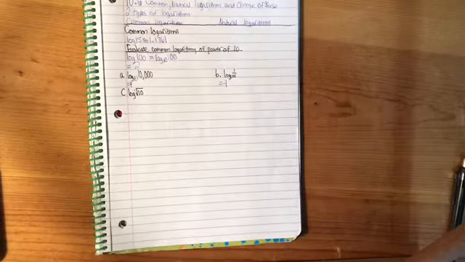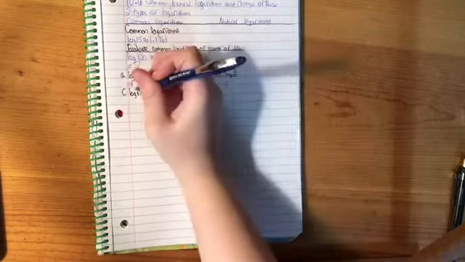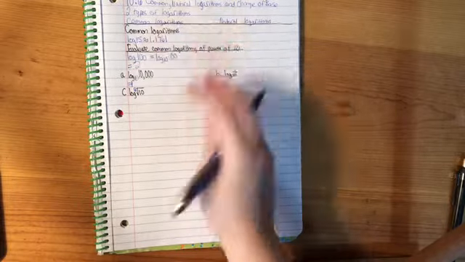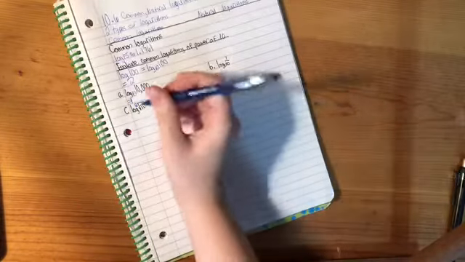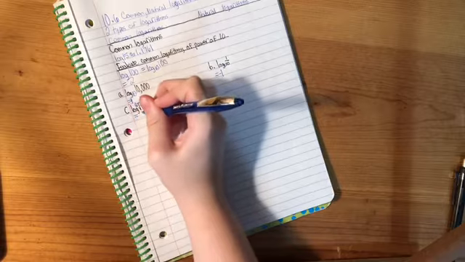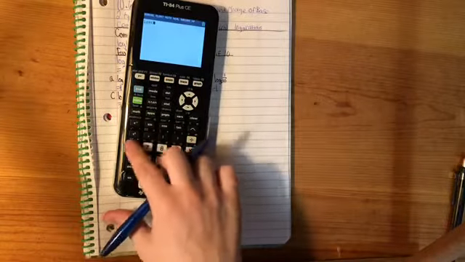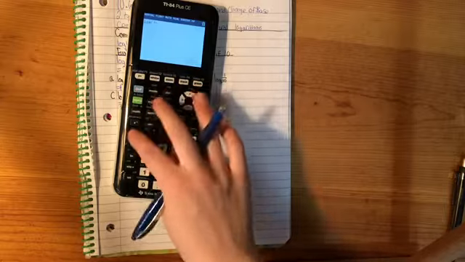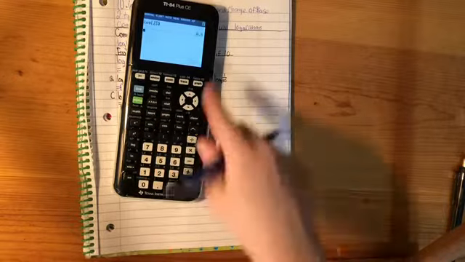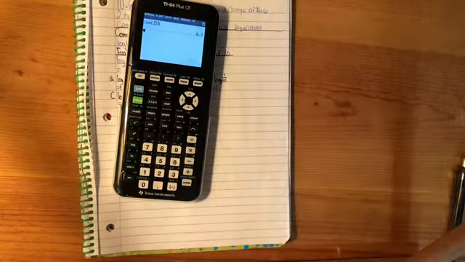So next we have log square root of 10. So we know we have a 2 here, so that means log square root of 10 is equal to 1/2. We can also check this on our calculator. Log square root of 10 is 0.5 or 1/2.